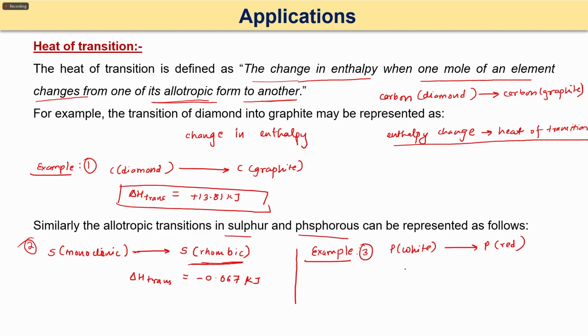If white phosphorus is getting converted into red phosphorus, there will be a change in enthalpy that will be called the heat of transition, and it is equal to minus 4.301. What does it mean? This process is exothermic.